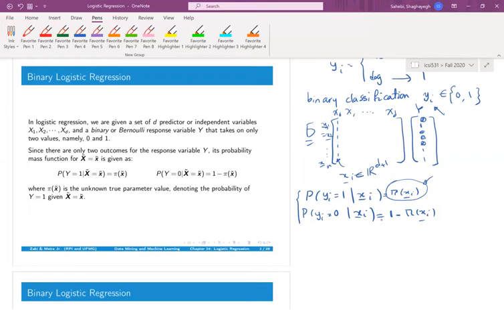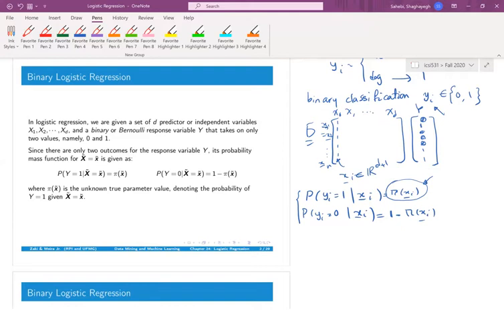Okay, so far we said that we want to look for a function pi of xi that can give us a good prediction of the class label. Now, we have to find a model for this pi, right? So we can, for example, find some function families and say that I want this pi to follow these function families.